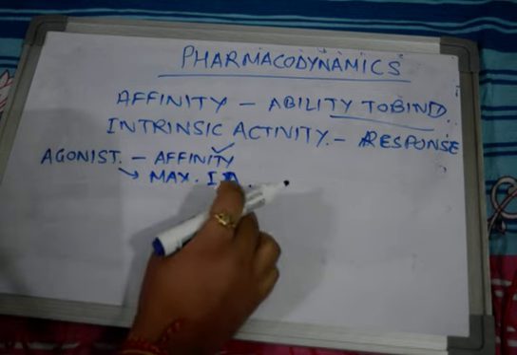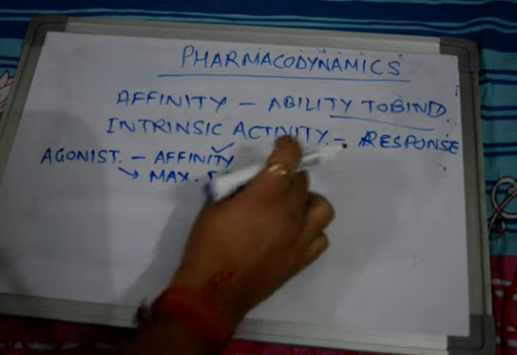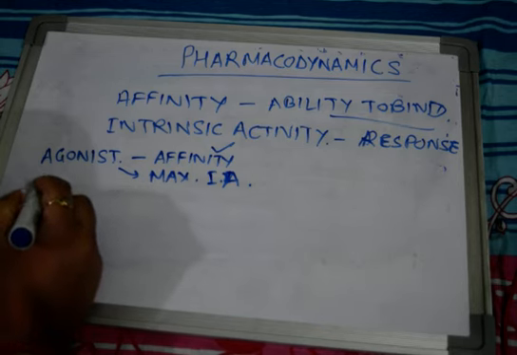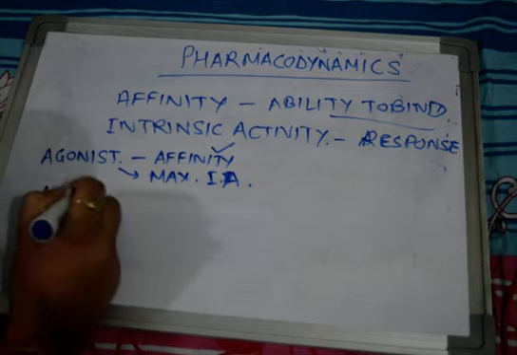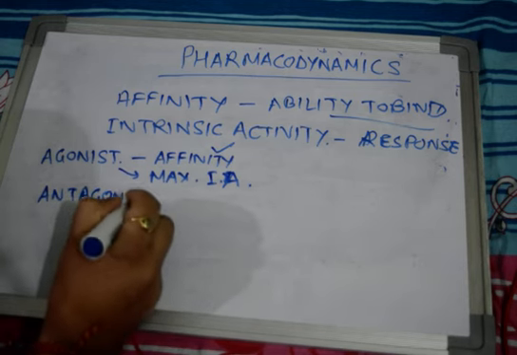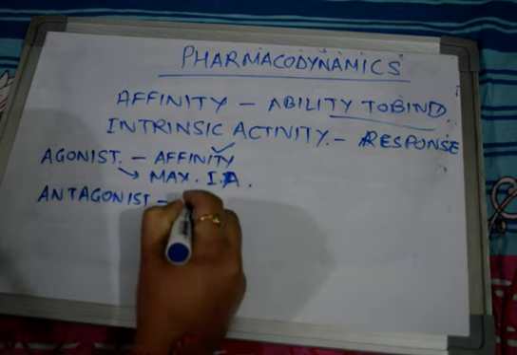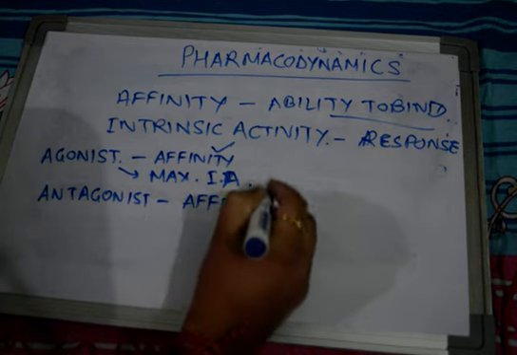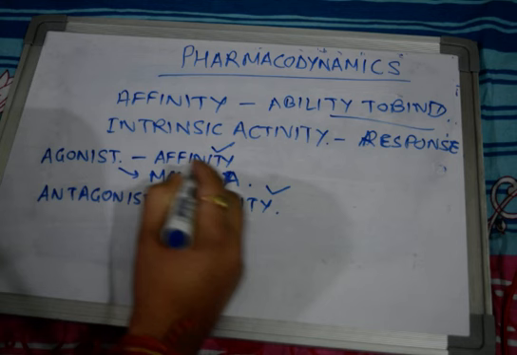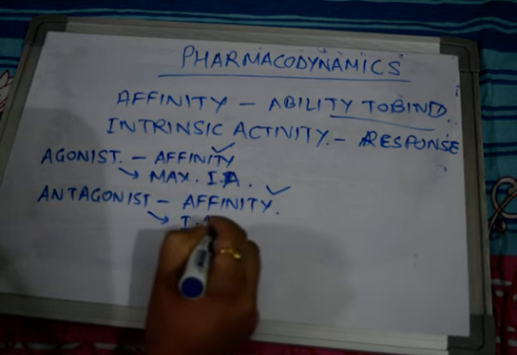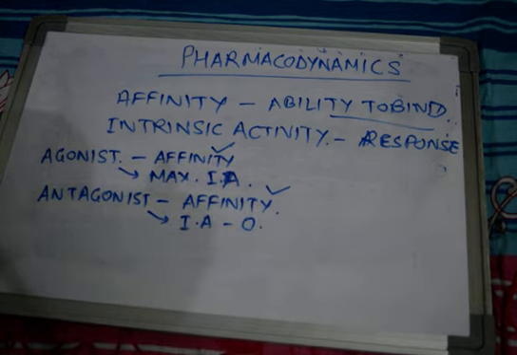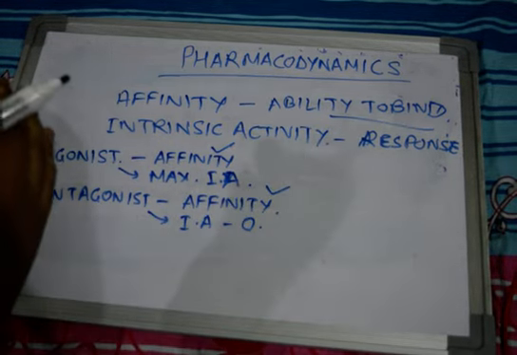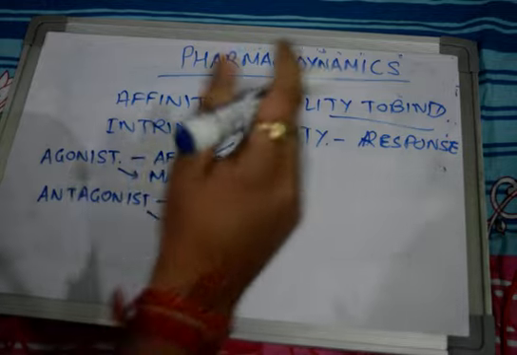Okay, so intrinsic activity also will be maximum, just like the ligand. Coming to the other thing, that is the antagonist. Antagonist will have affinity, obviously, because it is binding to the receptor, but its intrinsic activity is 0.